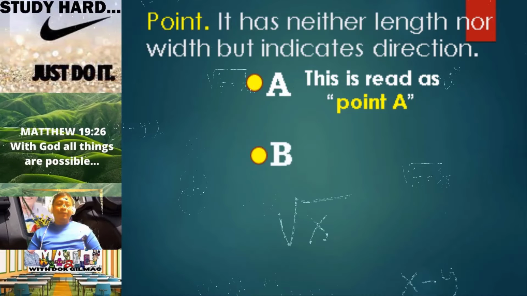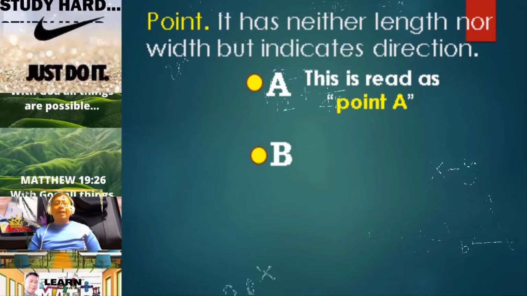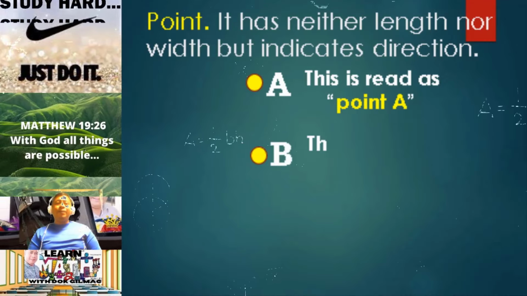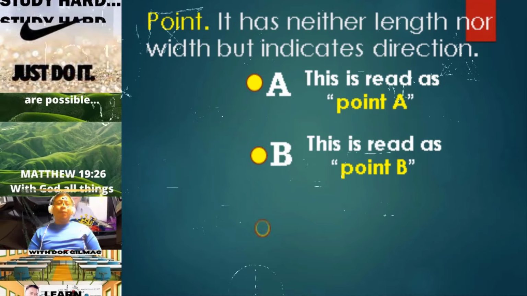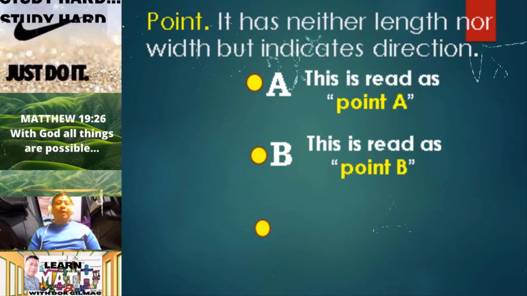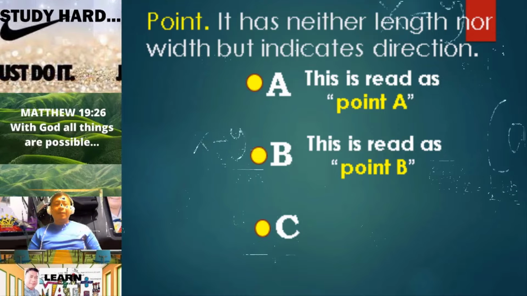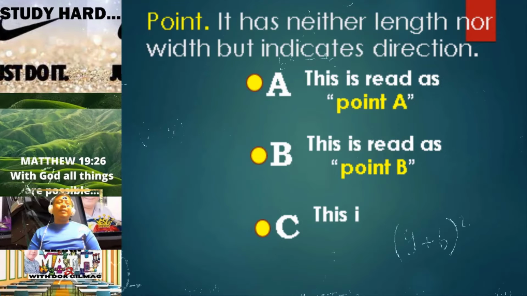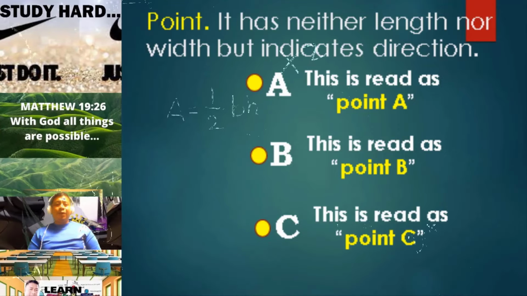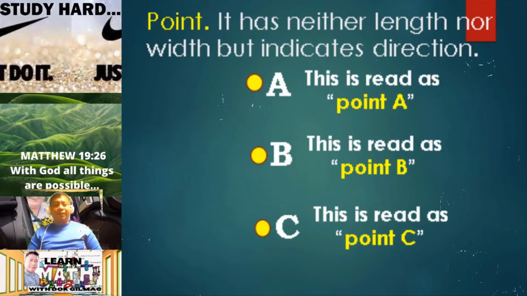We have letter B, capital letter B. This is simply read as point B. And we have another point here, capital C. This is simply read as point C. So take note of that.